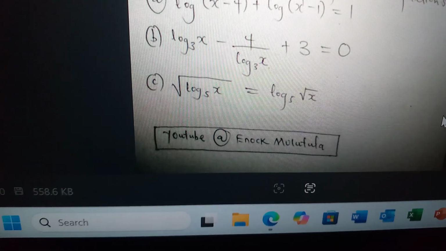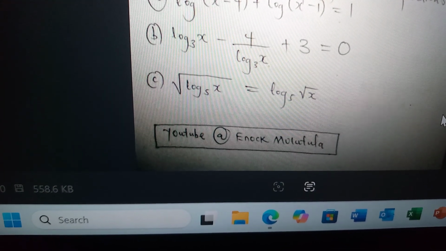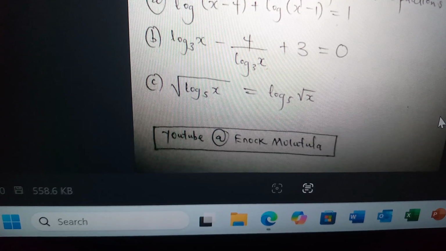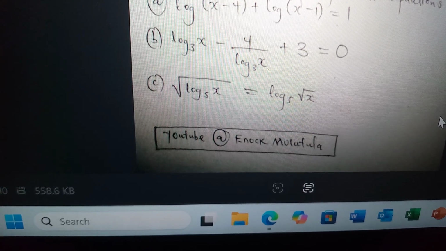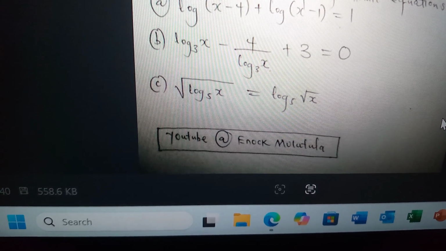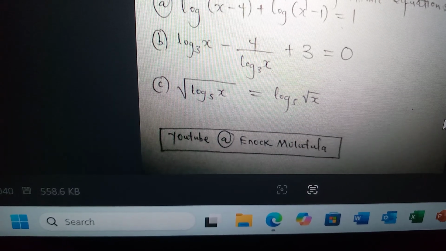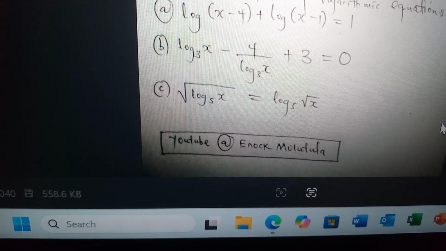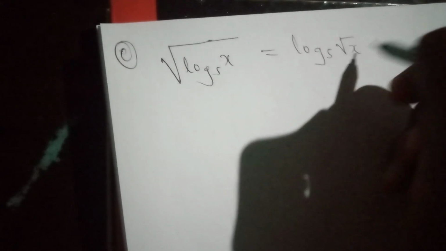So this is the last one that we are having, that is square root of log base 5 of x is equal to log base 5 of the square root of x. So we can also answer that one. So we are having square root of log base 5 of x is equal to log base 5 of square root of x.